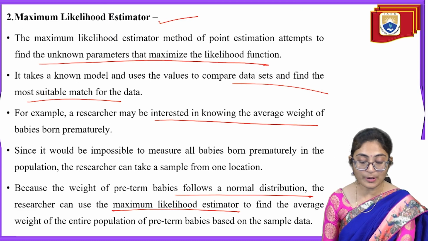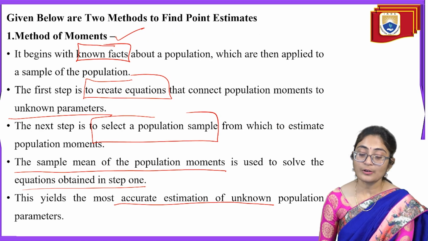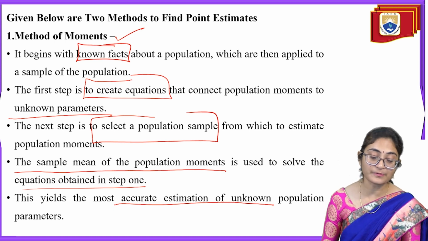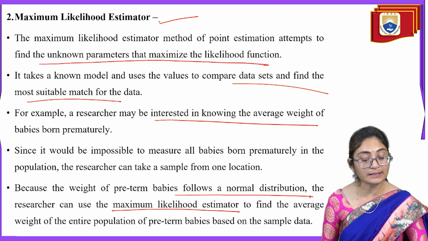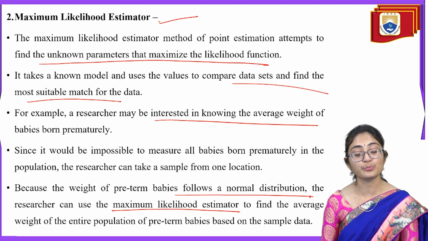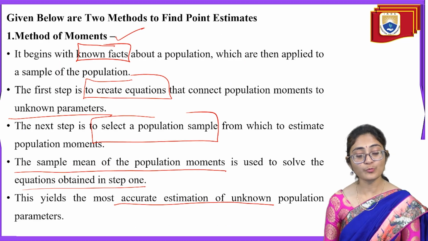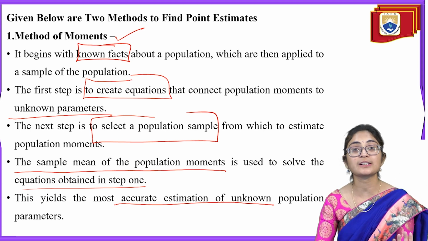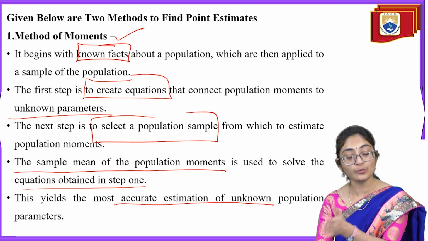So this is all about point estimation. Lastly, we have seen two methods to find the point estimate. The first one is the method of moments, and the other one is the maximum likelihood estimator. In the method of moments, we start with the known facts, then we create equations. After that, we convert it into the unknown factors.